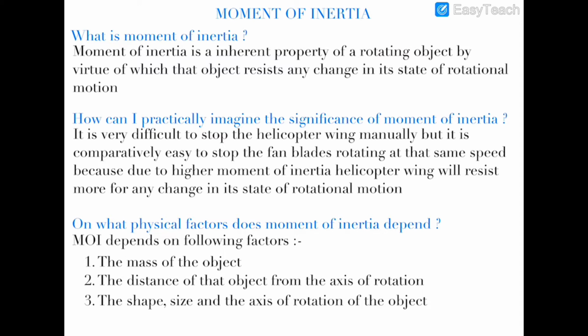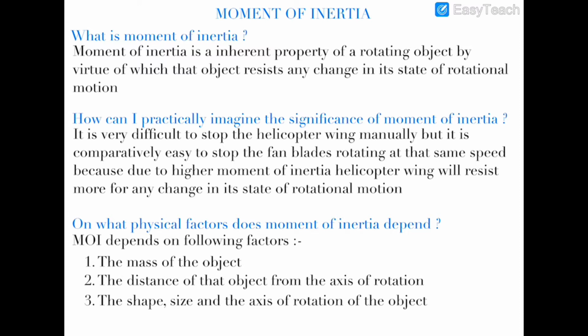Now, if we discuss the second question, how can I practically imagine the significance of moment of inertia? It is very difficult to stop a helicopter wing manually, but it is comparatively easy to stop a fan blade which is rotating at the same speed, because the helicopter wing has a very high moment of inertia, and therefore it would oppose any change in its rotational motion state.